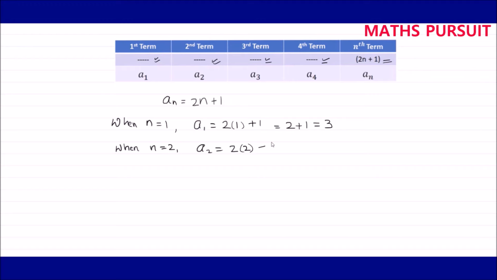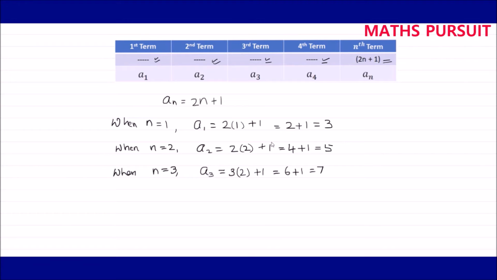So 4 plus 1, that is equal to 5. Similarly, when n is equal to 3, A3 is equal to 3 into 2 plus 1, that is equal to 6 plus 1, that is equal to 7.